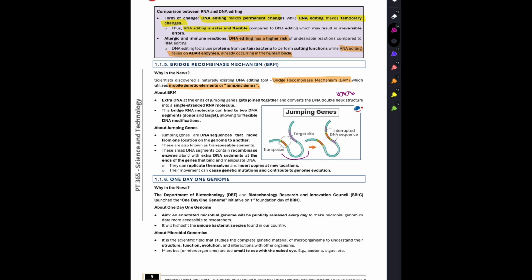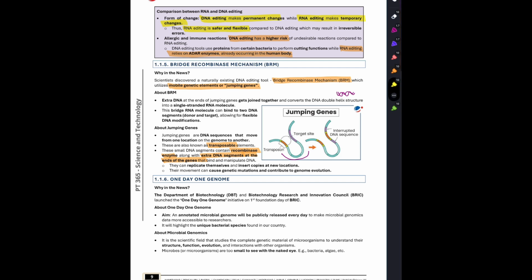About jumping genes. Jumping genes are DNA sequences that move from one location of the genome to another. These are also known as transposable elements. These small DNA segments contain a recombinase enzyme along with extra DNA segments at the ends that bind and manipulate DNA.